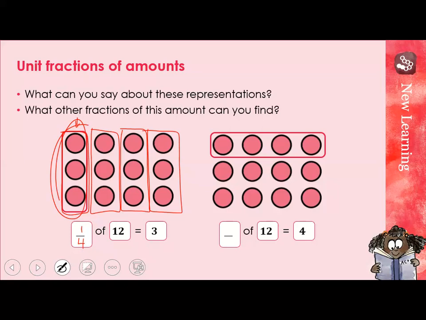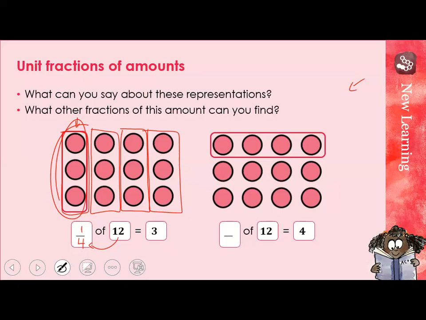Now you might be able to start to notice the relationship here between 4 and 12 and 3. We know that 12 divided by 4 is 3. 3 times 4 is 12. Those sort of things. Always try and notice those relationships. They'll help you out. Let's have another go with this one on the right then. I've got the same 12 circles, but this time I'm looking at the rows. So how many rows have I split into?